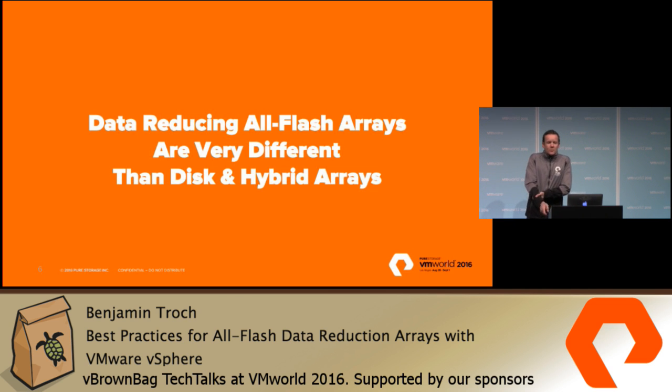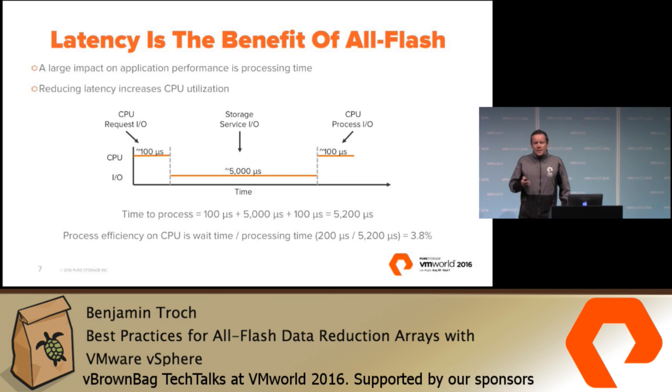So to change the subject, data reducing all-flash arrays are very different than disk and hybrid arrays. This is something that we found out when we started thinking about how long it takes for an I/O to go through the server, be sent from the server, go to the storage and come back. Where is the latency?